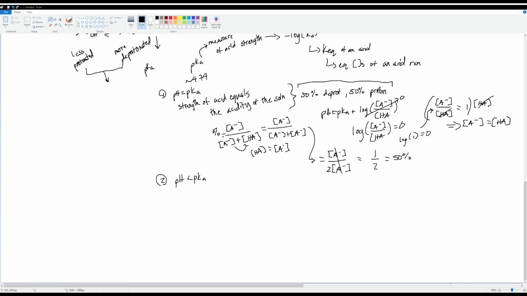If we were to look back at our equation, we've now increased the concentration of H plus in solution, so we're going to favor the protonated form. So when the pH is less than the pKa, we're going to be favoring the protonated form.